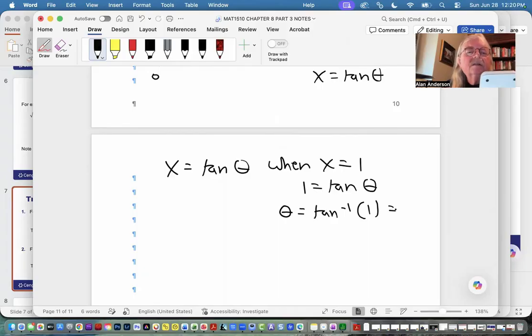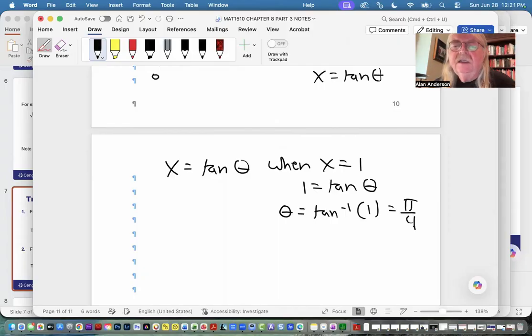Well, what a mess that is. Oh, it's pi over 4. It's hard to tell sometimes with these. It's 0.785 something. It's hard to recognize sometimes.